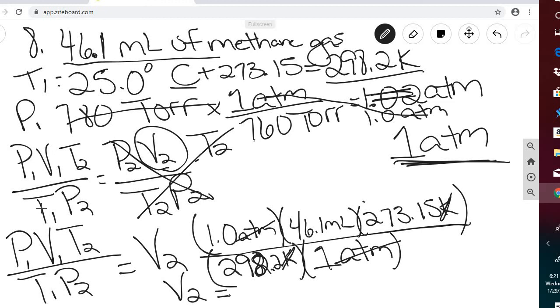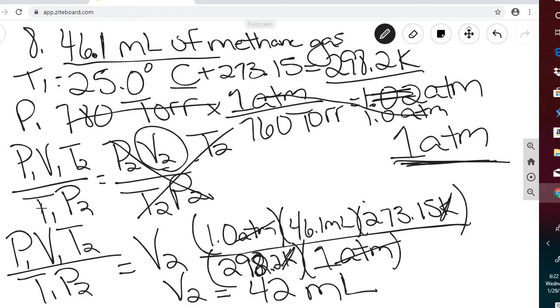So 1.0 times 46.1 milliliters times 273.15 divided by 298.2 divided by 1, and with 2 significant figures, you should get 42 milliliters.